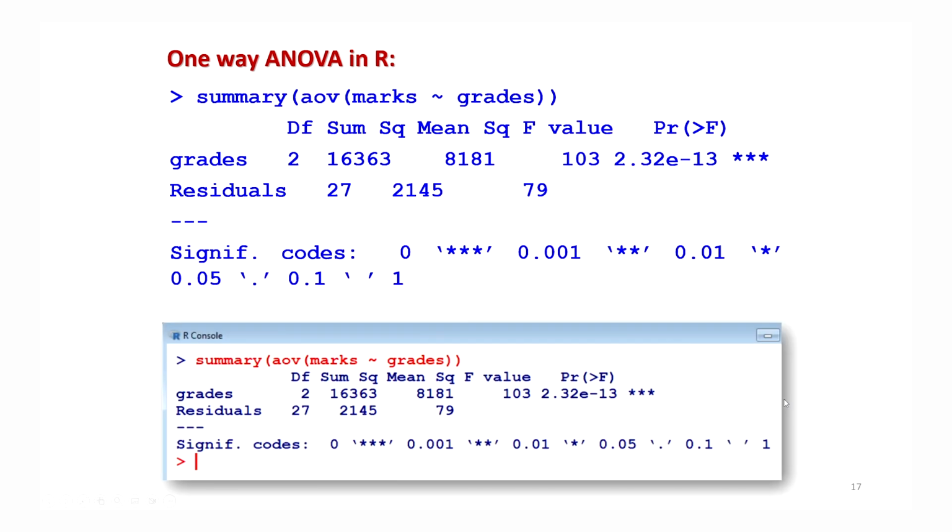And now if you want more information, for example, if you want the value of the F statistic, etc., then you can use the command summary, and the same command AOV marks tilde grades, right? So this command will give you this type of outcome, where you have the results about the statistical inference for these different sums of squares.